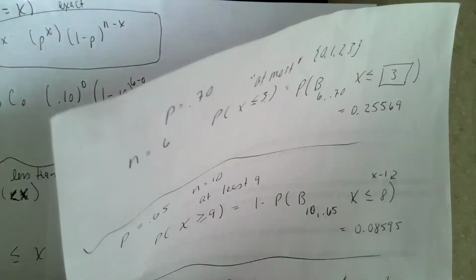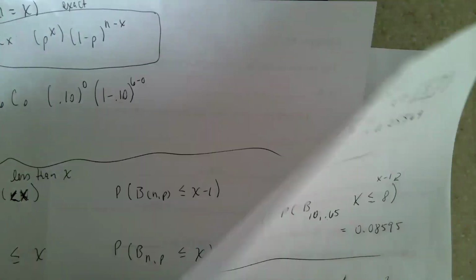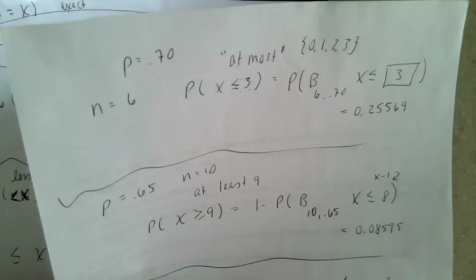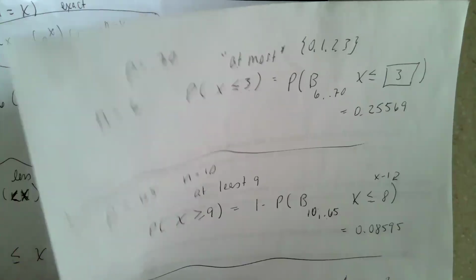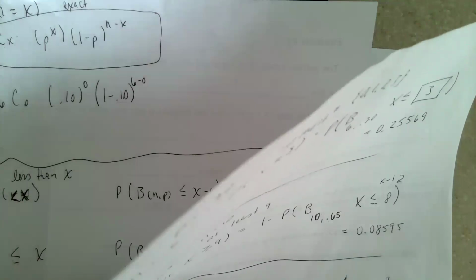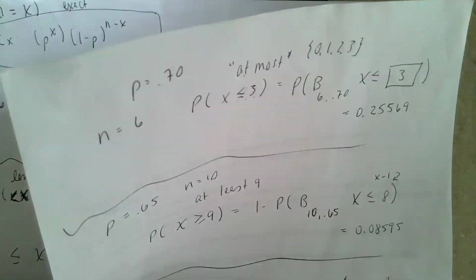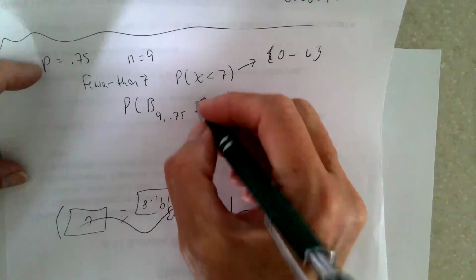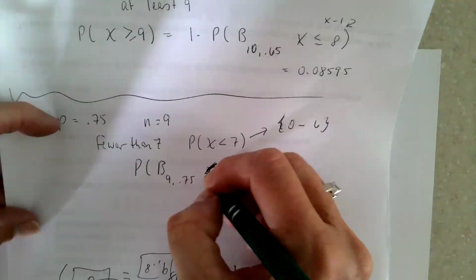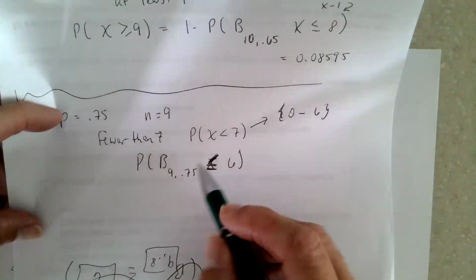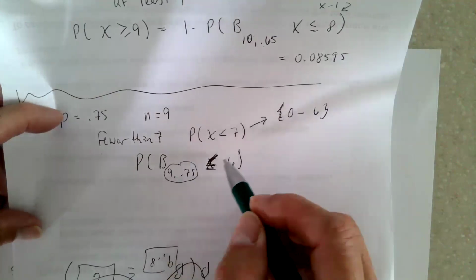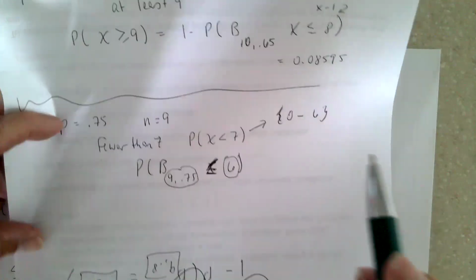So we are going to use in ALEKS 9 comma 0.75, and then X is less than or equal to, and then this is going to be 6. So this is just the less than or equal to symbol. So we have to enter these 2 pieces and then this piece here.